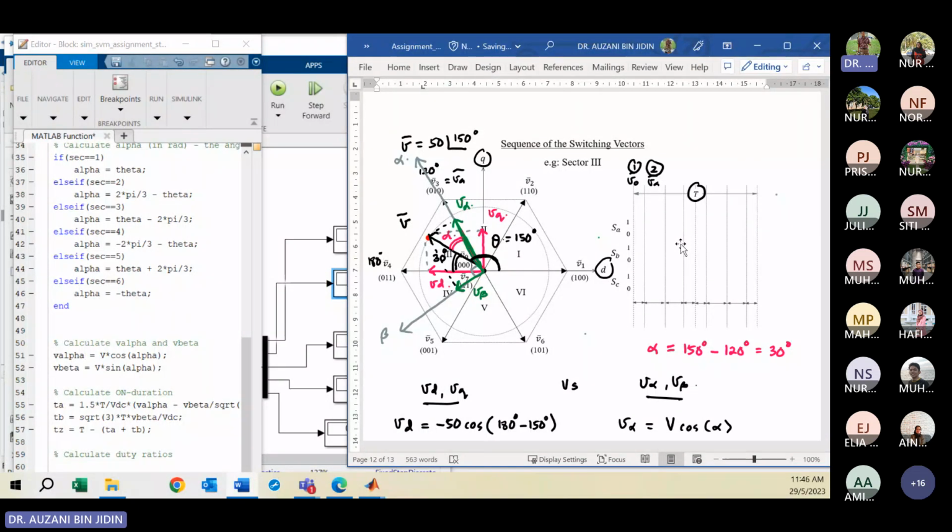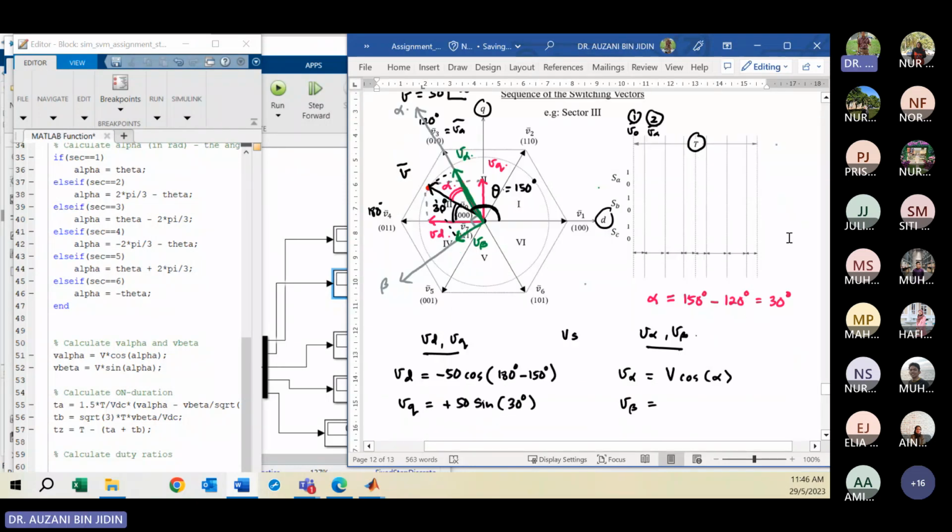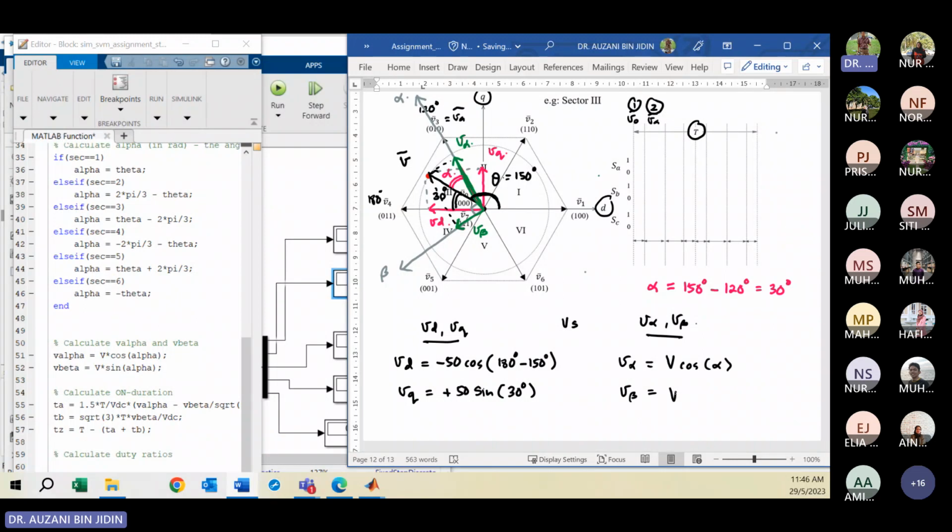For tomorrow's test. Okay, so then from here you can calculate V beta as sine alpha. And remember your alpha is 30 degrees. Alpha and beta, the value must always be positive.